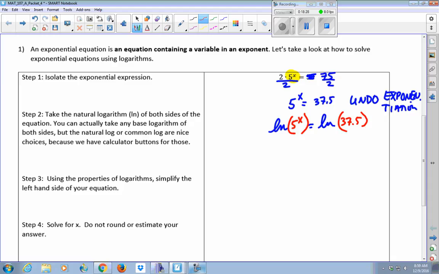I just want you to look at this right-hand side for 1 second. This is saying the answer is some messy number, because we're raising e, the base, to some power to get 37.5. Remember, e is a little bit bigger than 2, 2.718, something like that. So this is just a number over here.